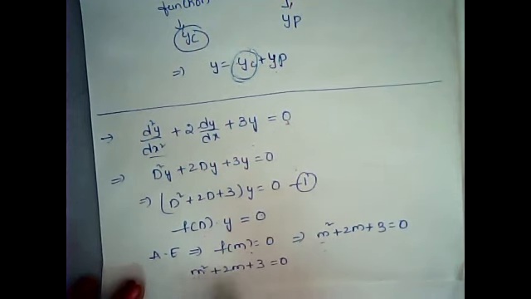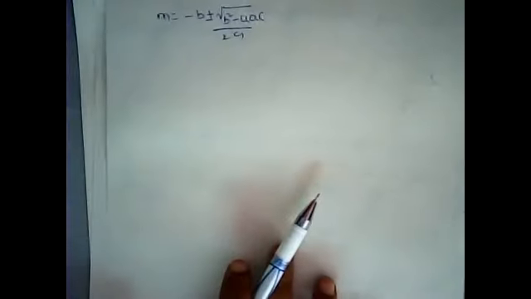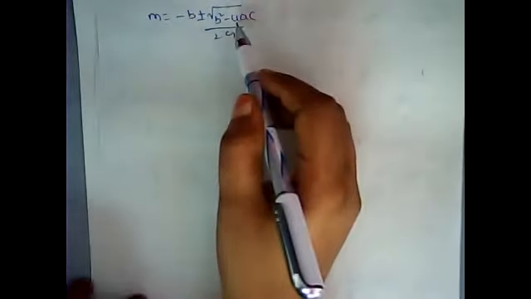Since we are not getting the factors directly, we are taking the formula minus b plus or minus root of b squared minus 4ac by 2a.